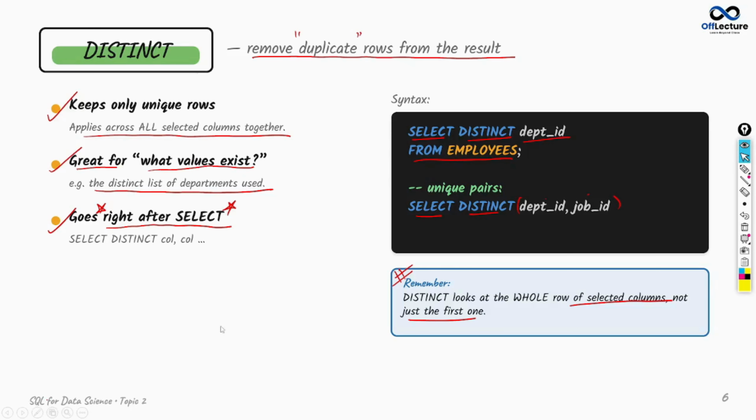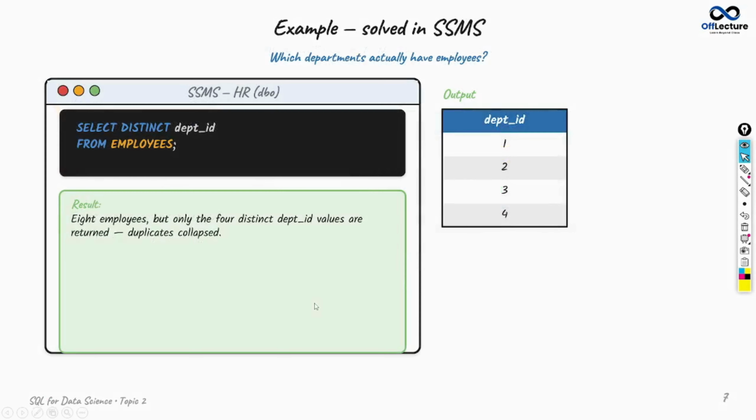So let's see one example on it. What example will we be working on? Which departments actually have employees? We want to know which departments actually have employees. So what we want to get is the distinct department ID from the employees.